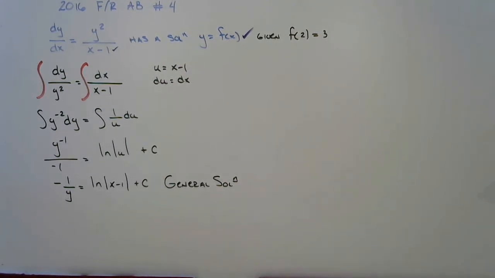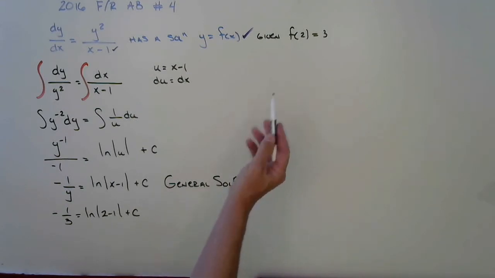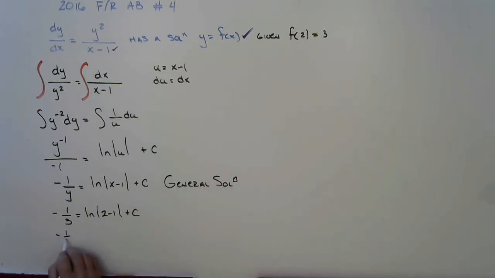But we want the solution that goes through the point 2, 3. So how do we do that? We plug in 2, 3. If I plug 3 in here, I get ln absolute value 2 minus 1 plus c, right? x is 2. That gives me negative 1/3. This is the natural log of 1. The natural log of 1 is 0.